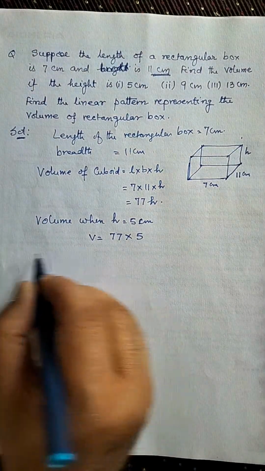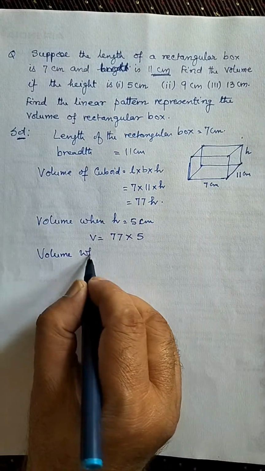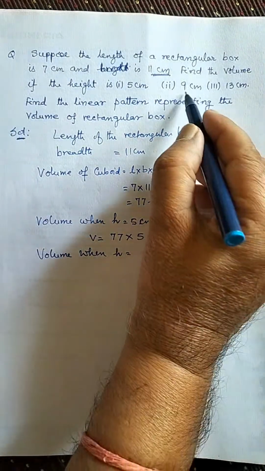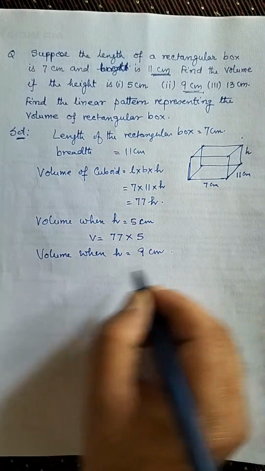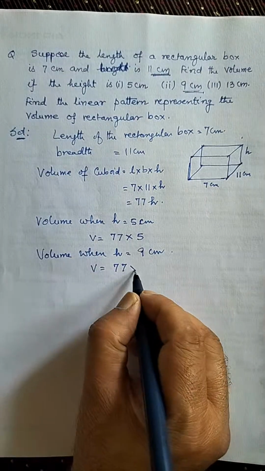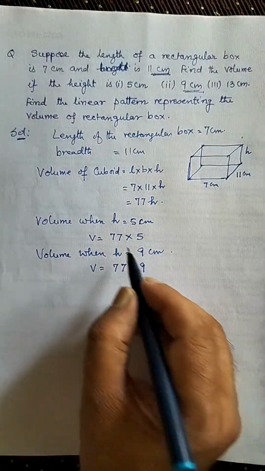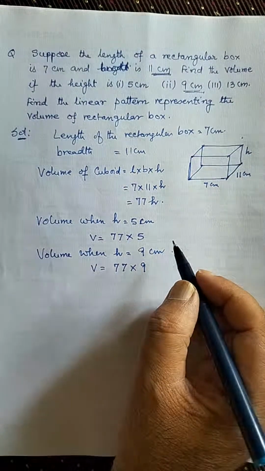Okay, and volume when height is, second part, it's 9, so put 9 centimeter and you will have volume equals 77 times 9. Okay, we are stressing only on the expression, we can solve it out also, that's not a big issue.